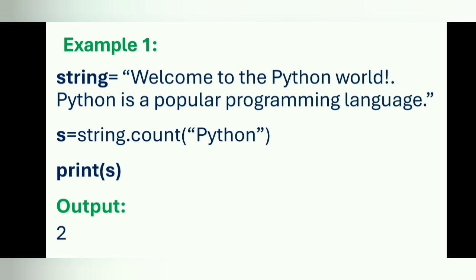Then the print statement prints the number of times the substring Python appears in the string. The output of this example is 2 because the substring Python appears 2 times in the string.